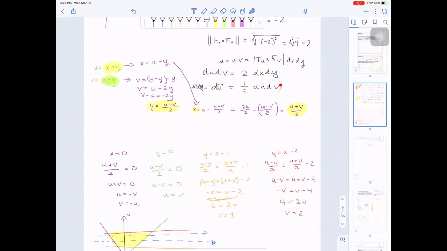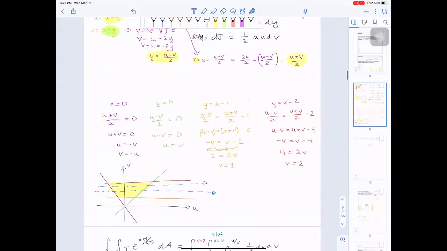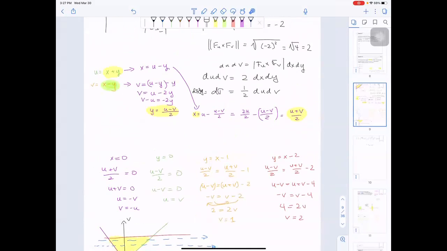That's just this part already. So doing this is already accounted for. First we change the surface area differential, and then we're switching the variables to u and v, and by doing the surface integral, we've already changed to u and v. Is every single surface integral a change of variables question? Yeah, essentially, it's a specific type of change of variables.